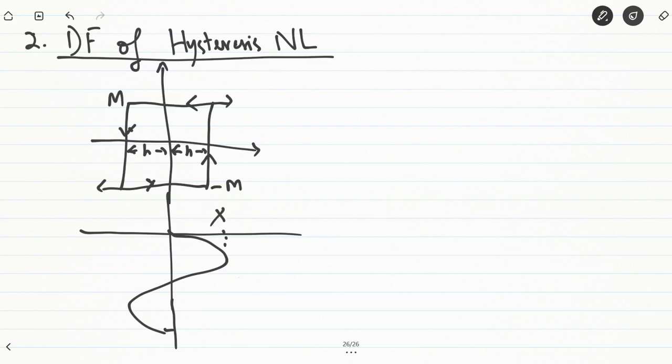I'm drawing the omega t axis in this direction, and this is the magnitude direction. This is point pi and this is point 2 pi.